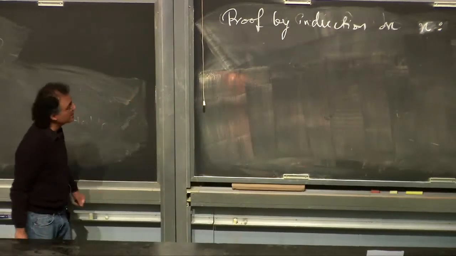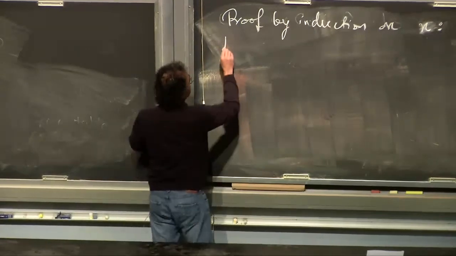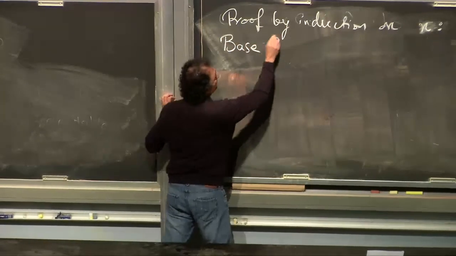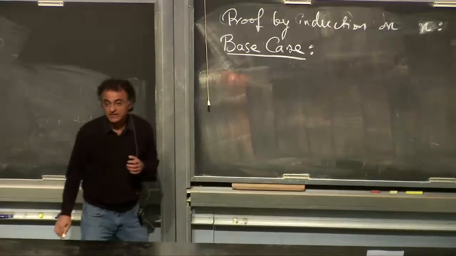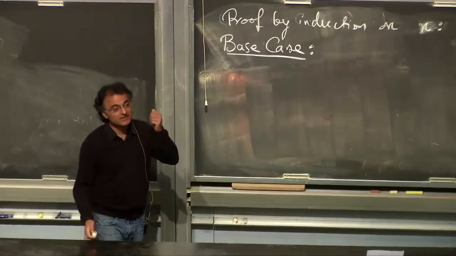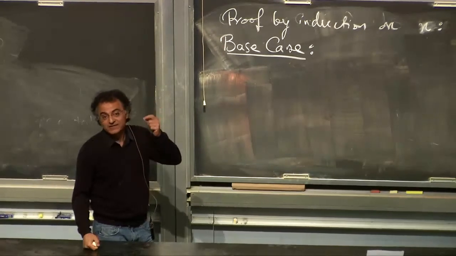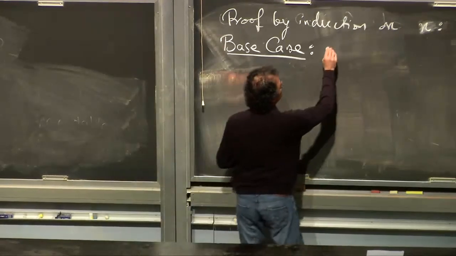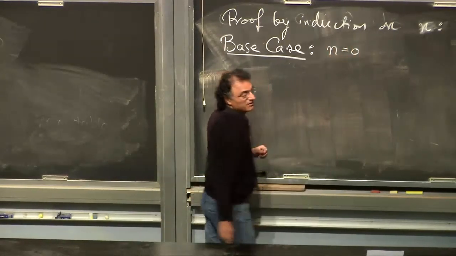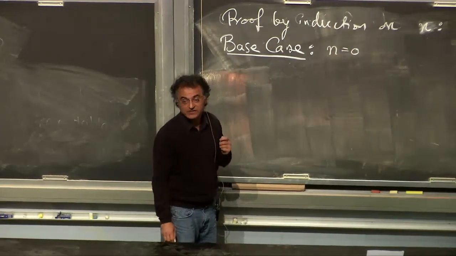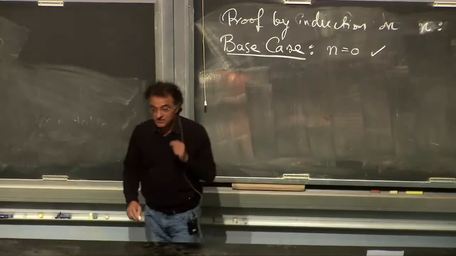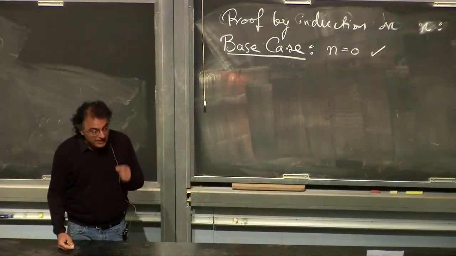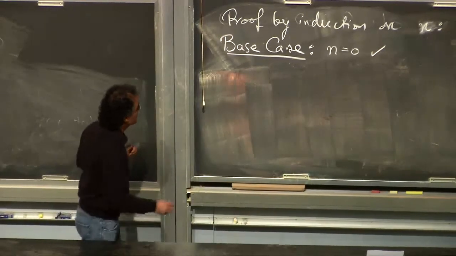That's what we are doing an induction on. So we start with what we call the base case. We say it holds to begin with, for n equal to 0. So we check that it works for n equal to 0. Well, we checked up there, so that's good. Right? So you go through and check that the statement is actually correct when n equal to 0.